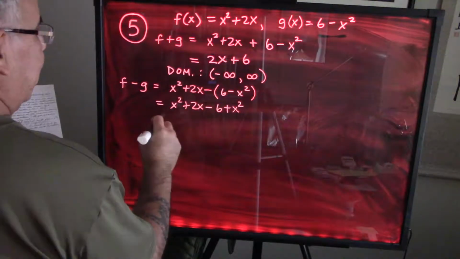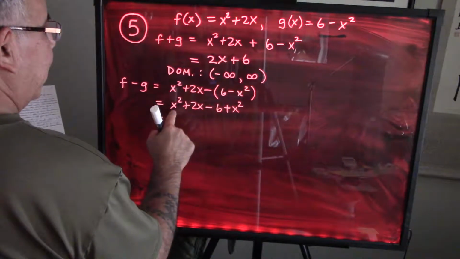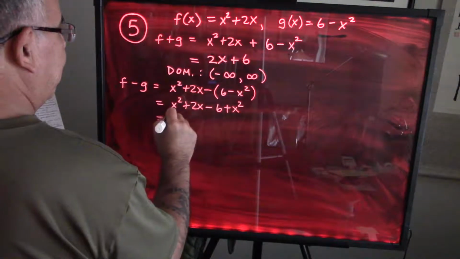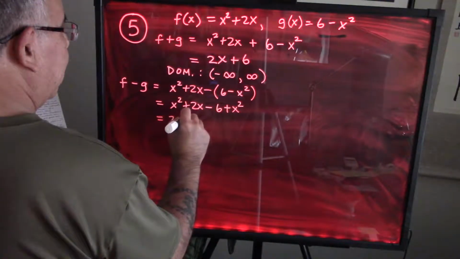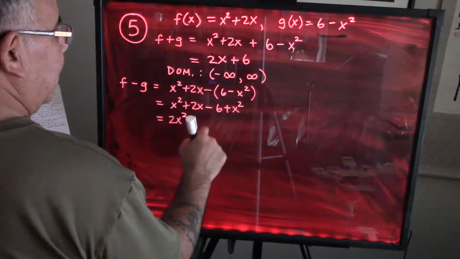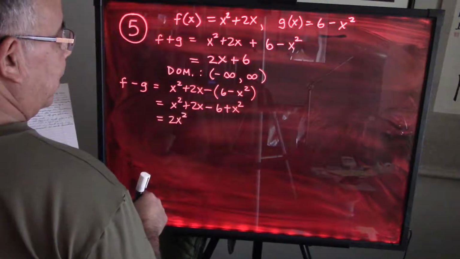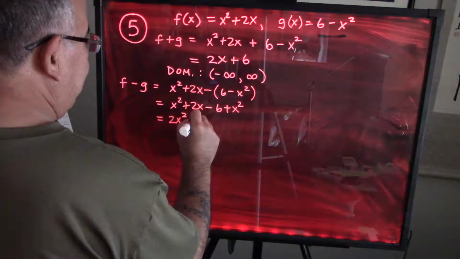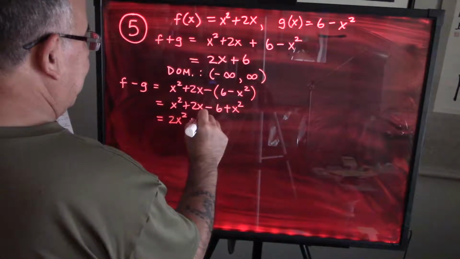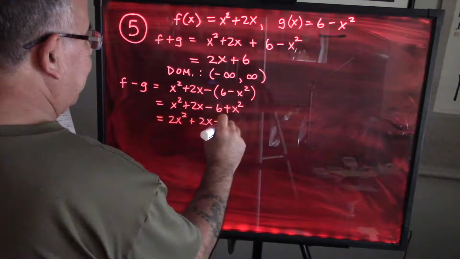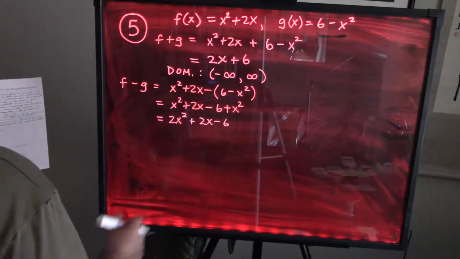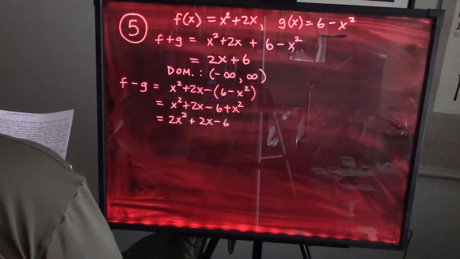And so you add your like terms, x squared plus x squared is 2x squared. Then you just have the 2x and the minus 6 left. They're not like terms, so you just leave them that way. So 2x squared plus 2x minus 6.